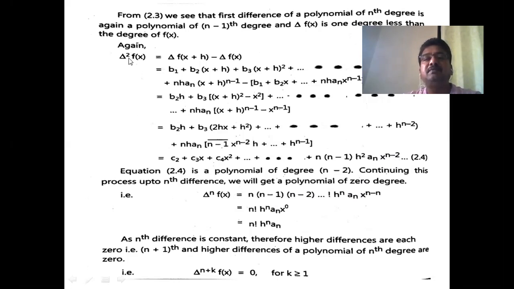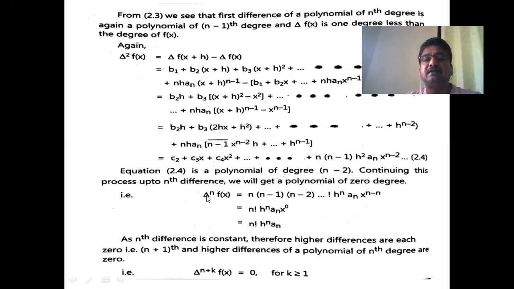Similarly, what is the last term of delta fx? Is x raised to n minus 1. So what is the power of x in delta raised to n? Is x raised to n minus n. Here is n minus 2 because it is delta square. So here is delta raised to n. So x raised to n minus n, and x raised to n minus n is 0, x raised to 0, that is 1.